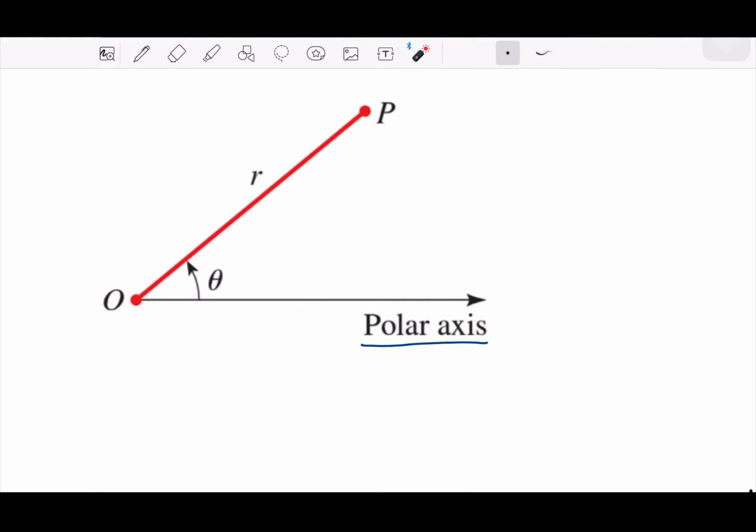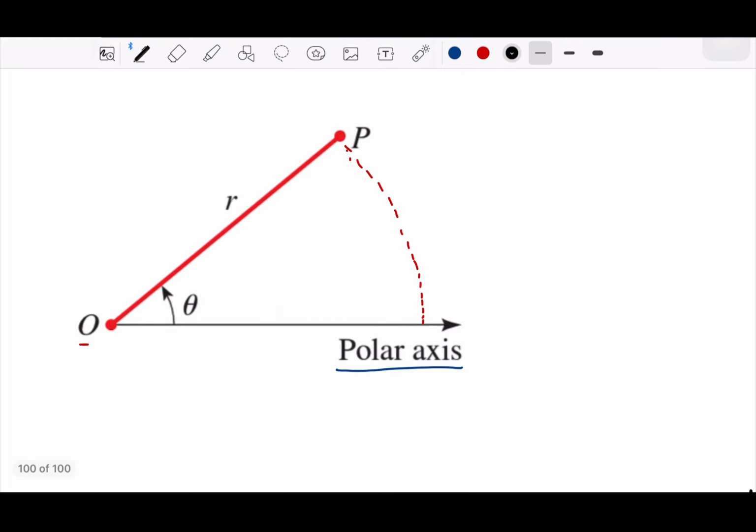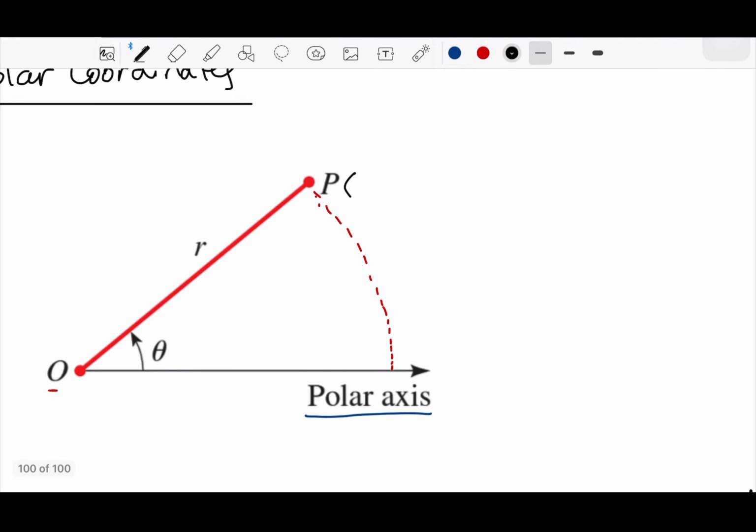Let me draw here that it's according to this axis we call the polar axis. This O is what we call the origin, or sometimes we call it the pole. So this point P has the coordinates r and theta. We write the coordinates as the radius and the angle theta.